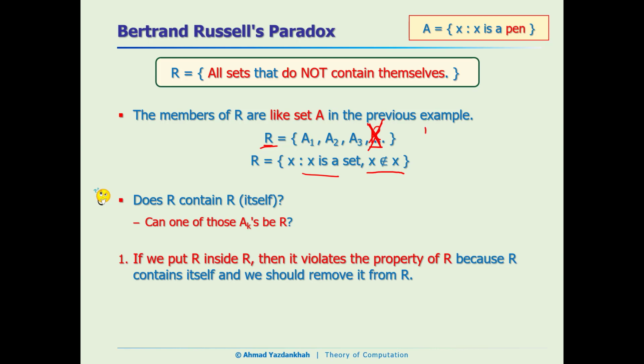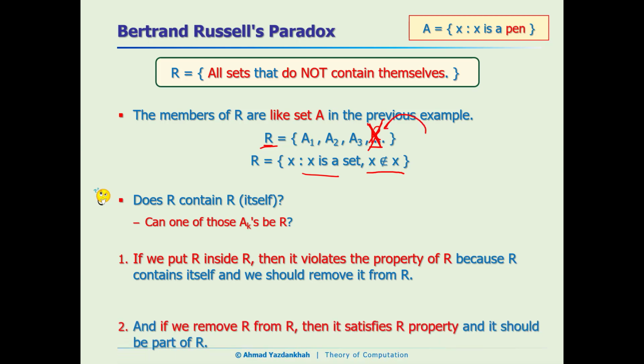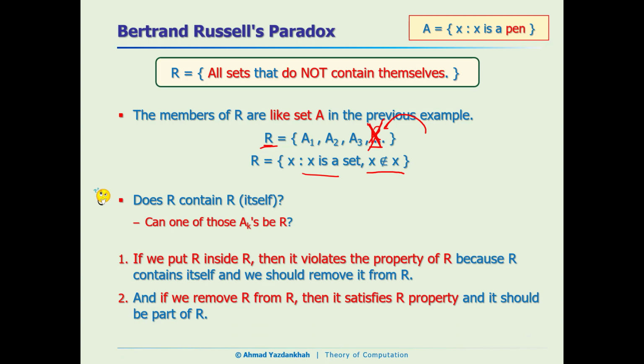Then I should return it back here. And this is a paradox. And just as an FYI, when this set was introduced by Bertrand Russell, it ruined the set theory. They had to redefine the set theory.